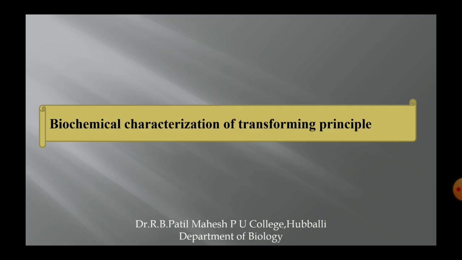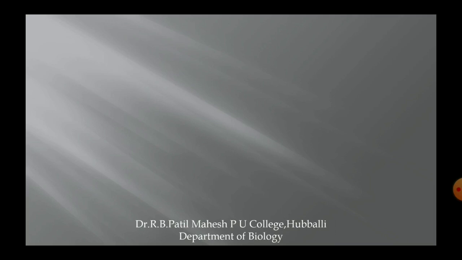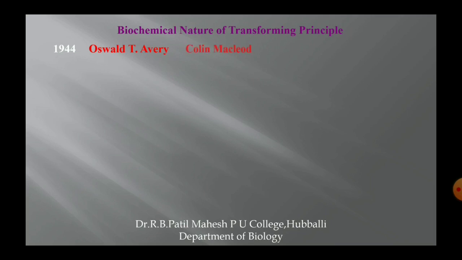Later on, after a long gap of about 15 years, in the year 1944, three biologists, Oswald T. Avery, Colin MacLeod, and Maclyn McCarty, continued the work on the transforming principle, or Griffith's experiments, in vitro.